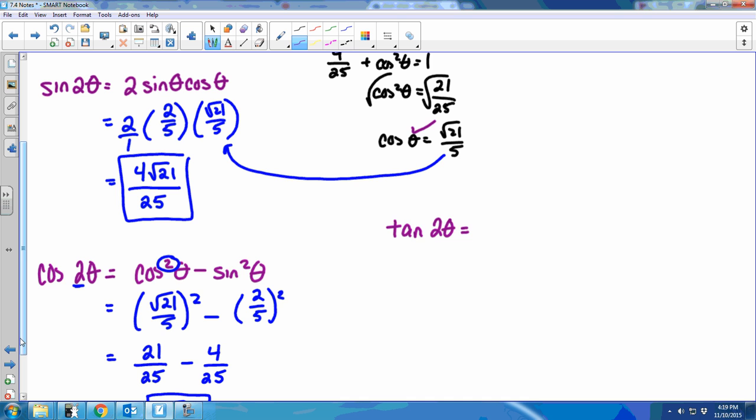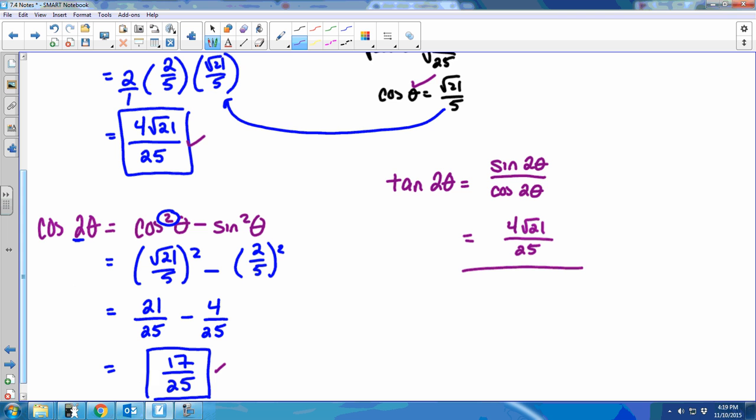Tangent 2 theta is also sine 2 theta over cosine 2 theta. That idea still works. I have sine 2 theta. I have cosine 2 theta. I've got a fraction divided by a fraction.